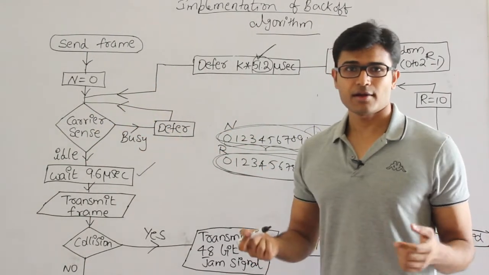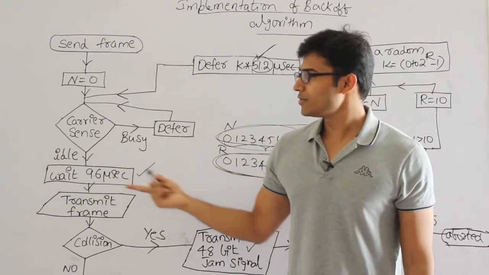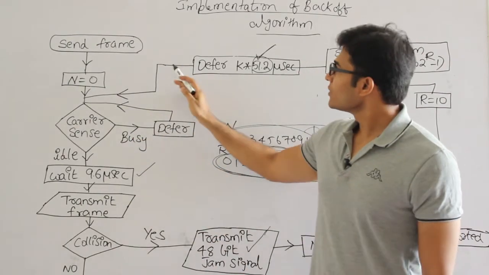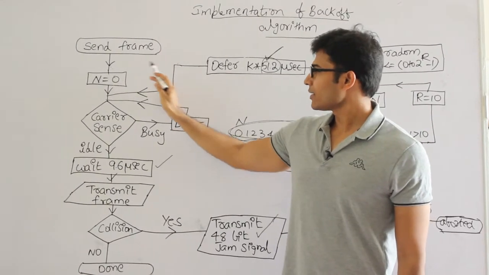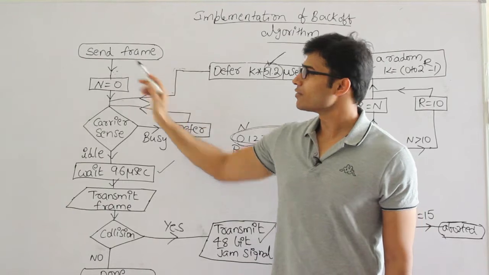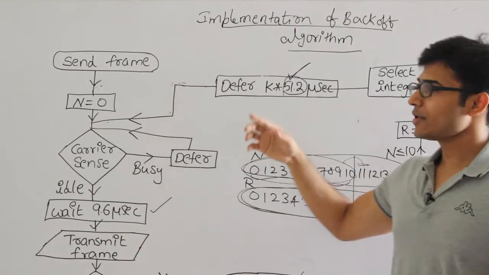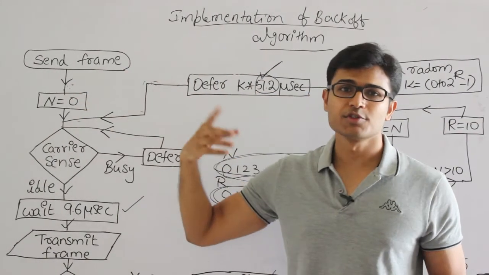How to transmit the packet? Just sense the carrier. If it is busy, you wait. If it is idle, you transmit it. Everything is going to happen the same way, right? What if this arrow is pointing here? Can I directly write this arrow here? Instead of putting it there, if I put it here, what happens is, every time after collision, the collision number has to be increased, but if you put it here, the collision number will again become 0.